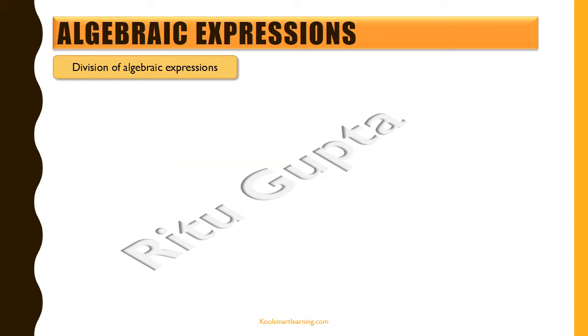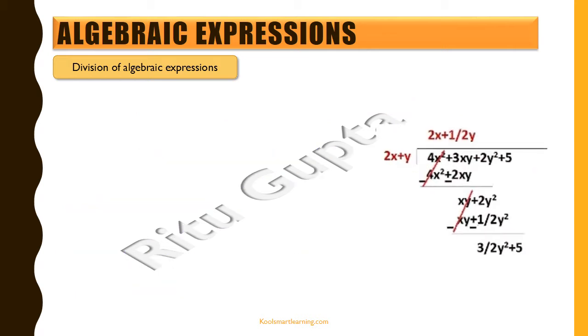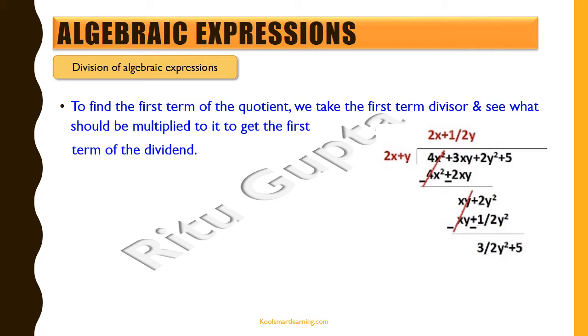Now let's look at a more complex division to be performed. Let's take an example where the dividend is 4x square plus 3xy plus 2y square plus 5, and the divisor is 2x plus 3y. Let's see what we will do in this case.